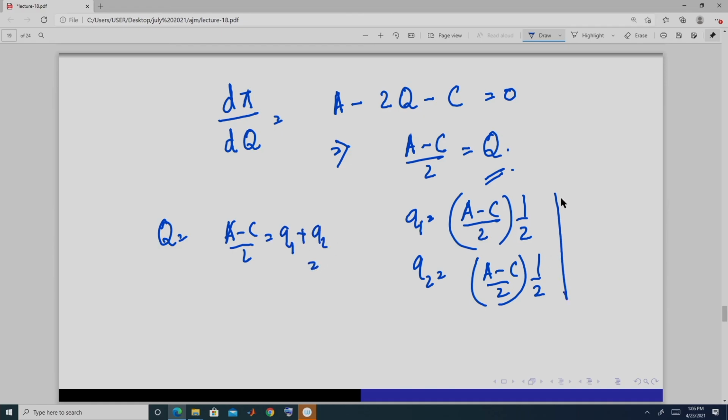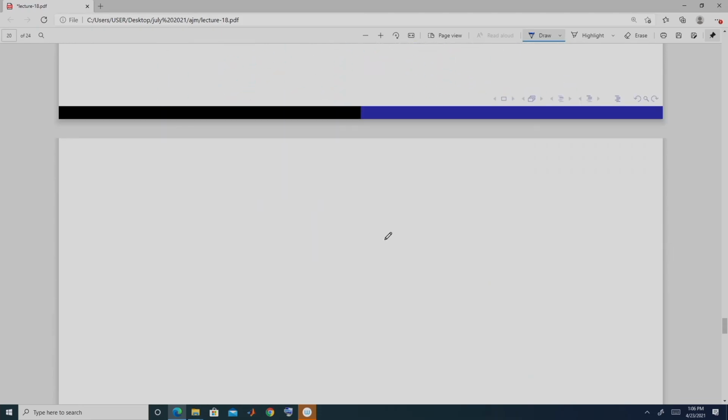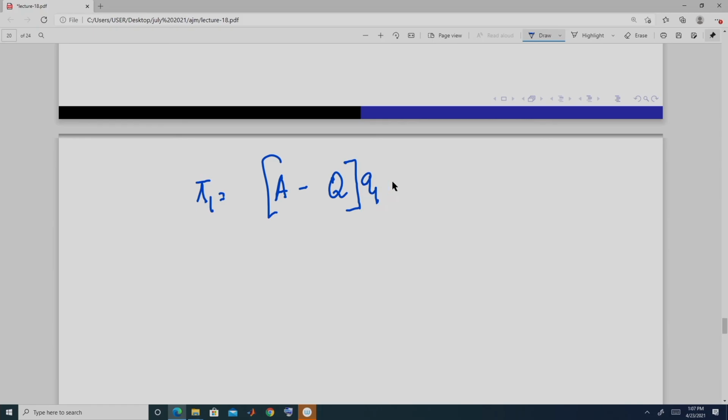Now, if this is the case, then what is the profit of these firms? The profit of firm 1 is, we know this.